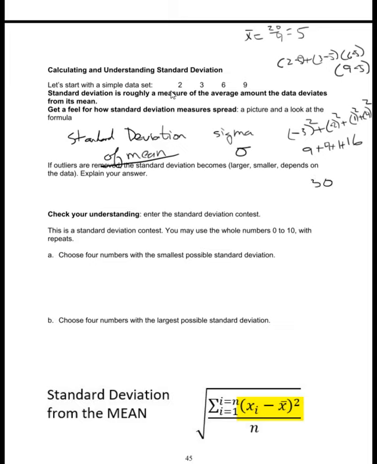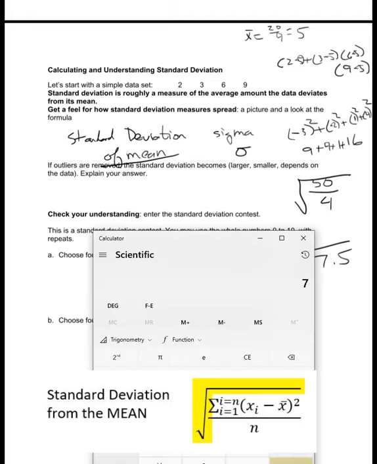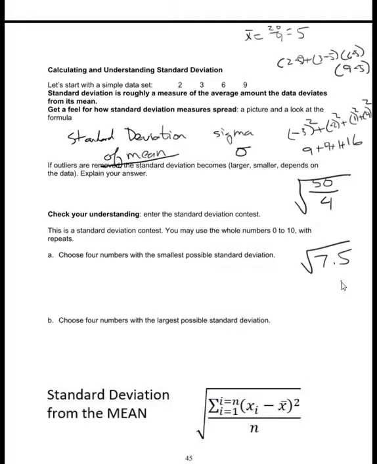Okay, so that is our summation of everything squared. Now we have to divide that by however many data points there are, 4 of them, and then take the square root. So this is the square root of 7.5, and the square root of 7.5 is 2.74. So that is our standard deviation.